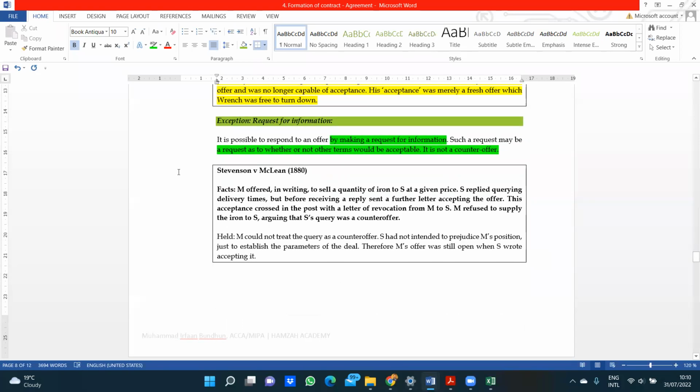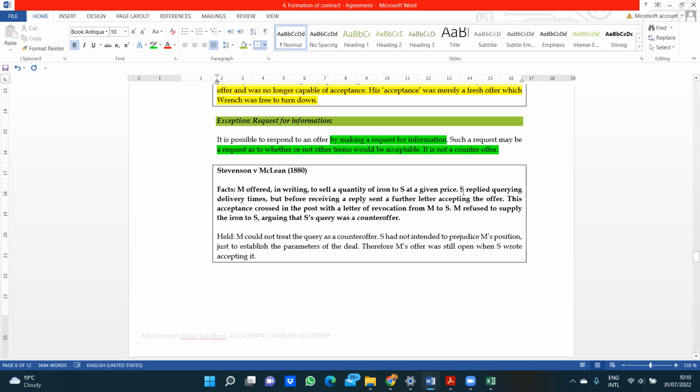This is the case, for example, in Stevenson and McLean, 1880. The facts: M, McLean, offered in writing to sell a quantity of iron to S, Stevenson, at a given price. S replied querying delivery times.